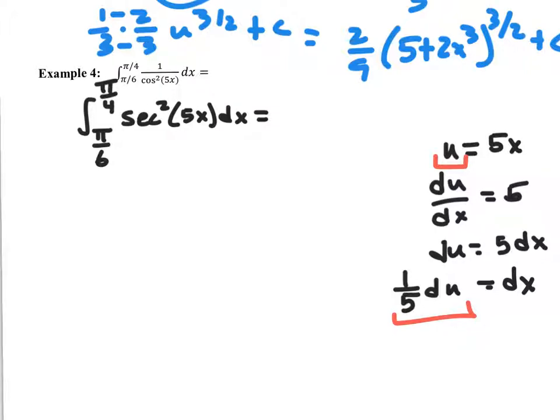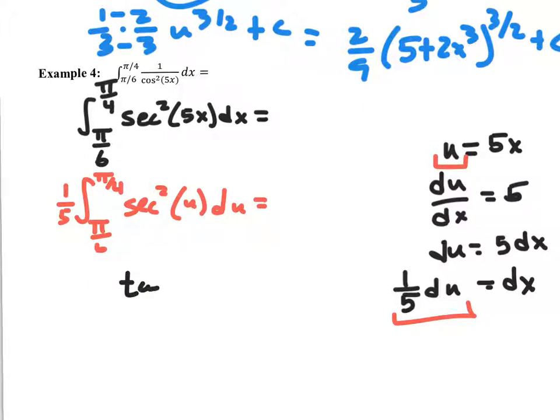So really what this has become is the integral from pi over 6 to pi over 4 of secant squared of u times 1/5 du. I like to bring that constant out in front. Okay, so what is the integral of secant squared? Well, it's tangent. Okay, and I don't need plus c because this is a definite integral from pi over 6 to pi over 4.